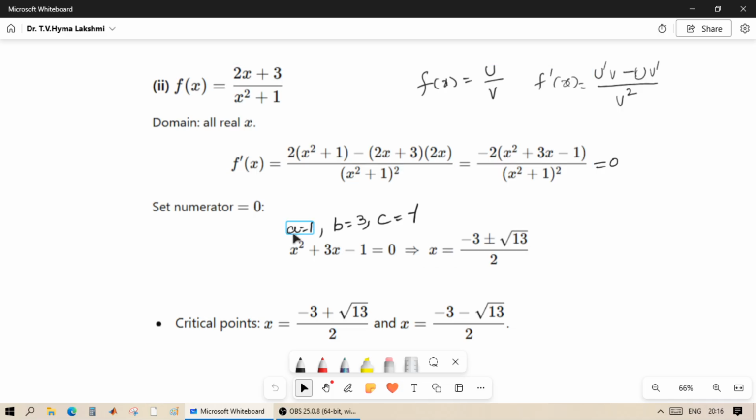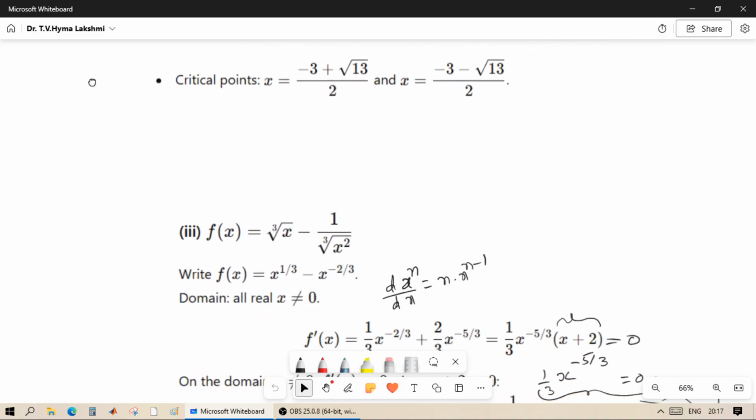When we substitute a equals 1, b equals 3, c equals minus 1, we get minus 3 plus or minus square root of 13, by 2. So the critical points are x equals (minus 3 plus square root of 13) by 2 and x equals (minus 3 minus square root of 13) by 2. These are the critical points.